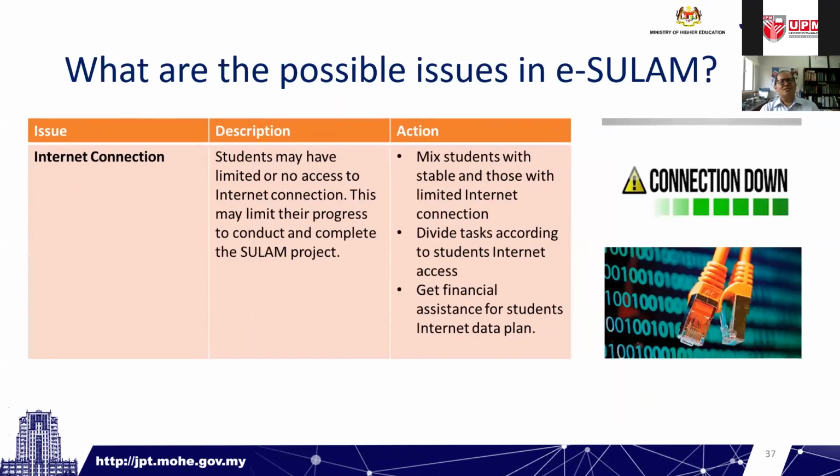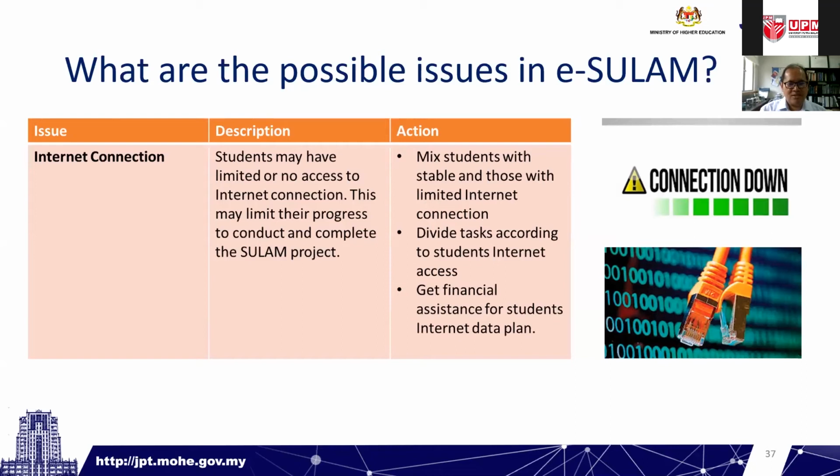Right, so other issues, of course, internet connection. Even here in UPM, sometimes we have hiccups with the internet. Students may have limited or no access at all to an internet connection. This may limit their progress to conduct or even complete the SULAM project. So that is when you need to identify from the very beginning the technical capacity of each student.